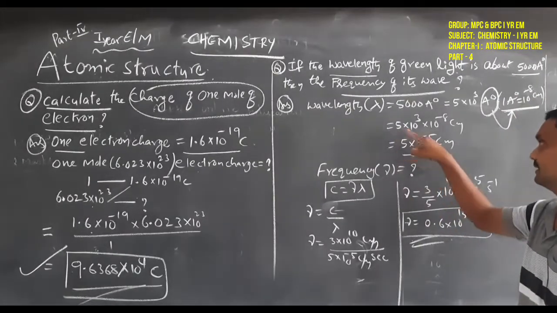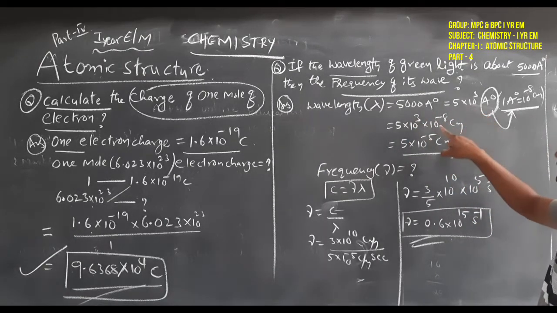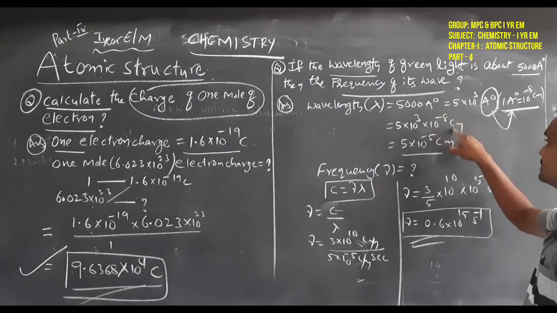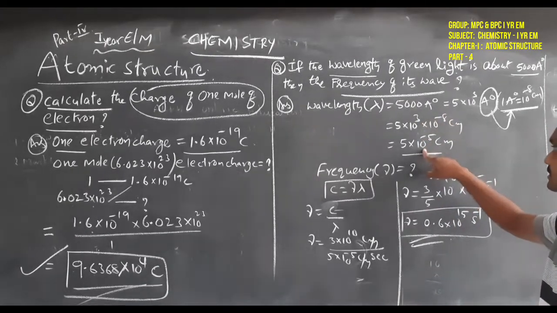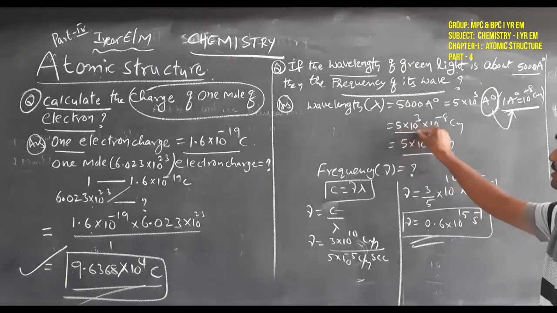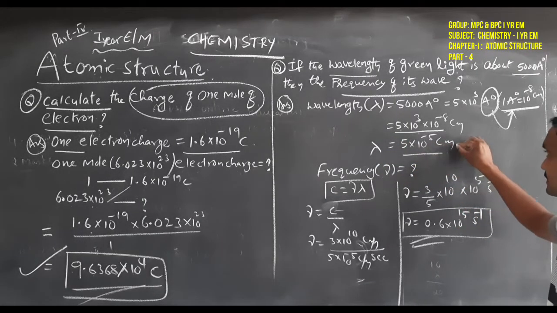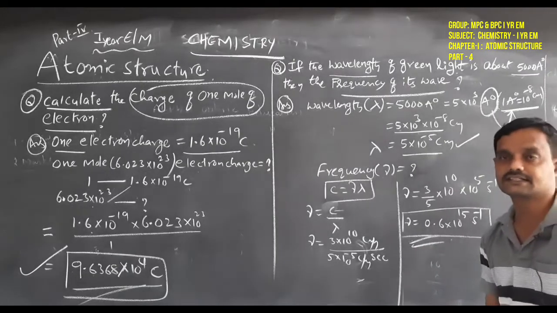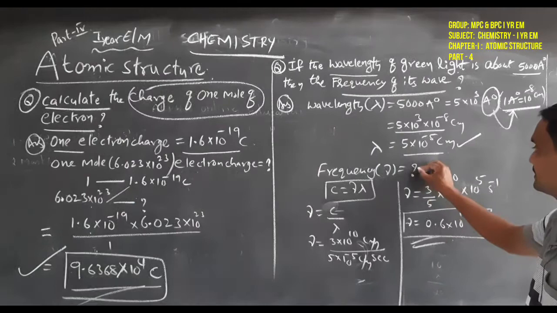Then 5 into 10 cube into 10 power minus 8 centimeter. 10 cube into 10 power minus 8 means 10 to the power minus 5, into 5. On simplification, the wavelength is 5 into 10 power minus 5 centimeters. This is the given data, and from this we will find the frequency.